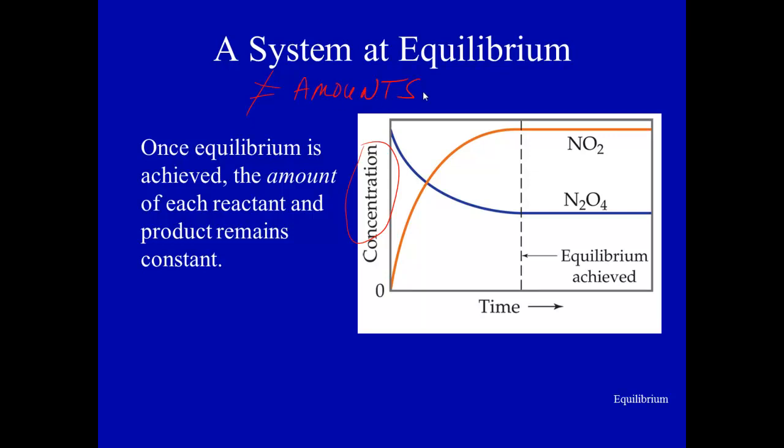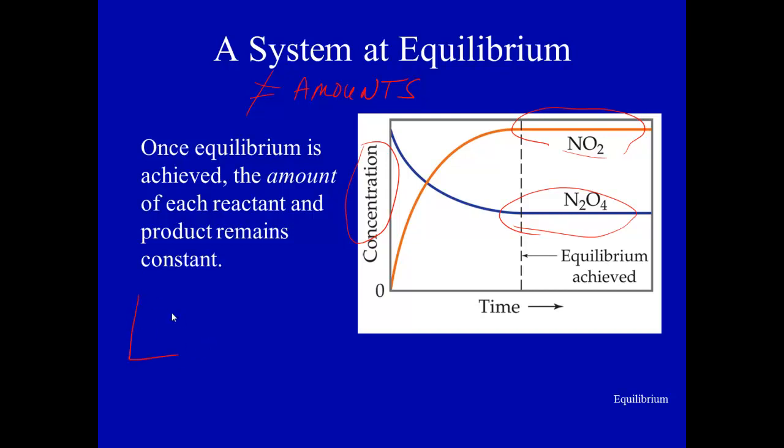So like here, once equilibrium's been achieved, my NO2 and my N2O4 actually have different concentrations because the brown line and the blue line are at different heights. But notice the key point here is the lines have flattened out. The concentration is no longer changing. So that's another way to see equilibrium graphically.